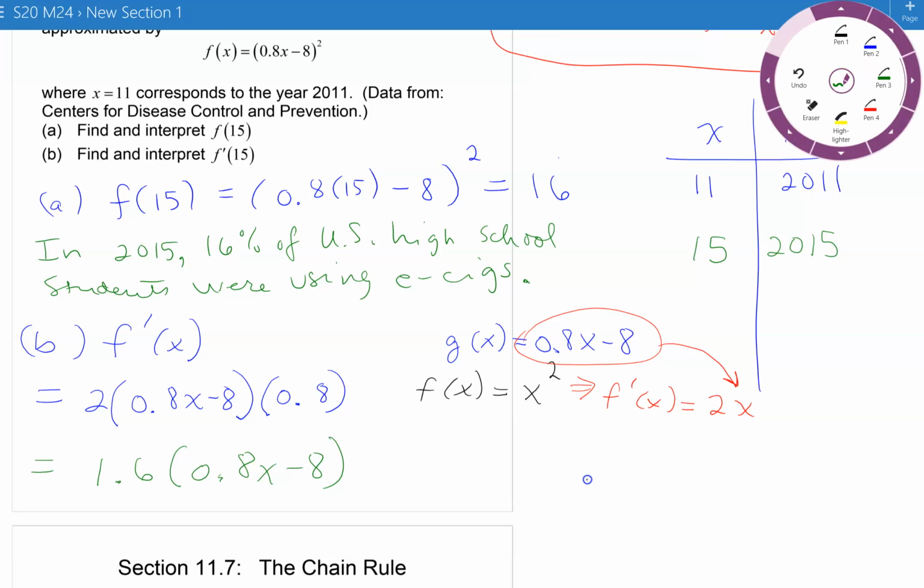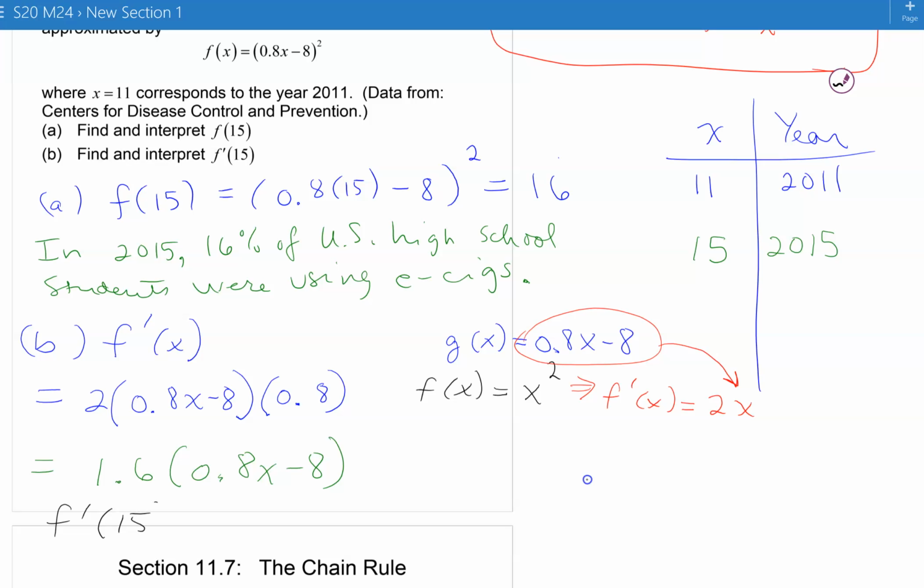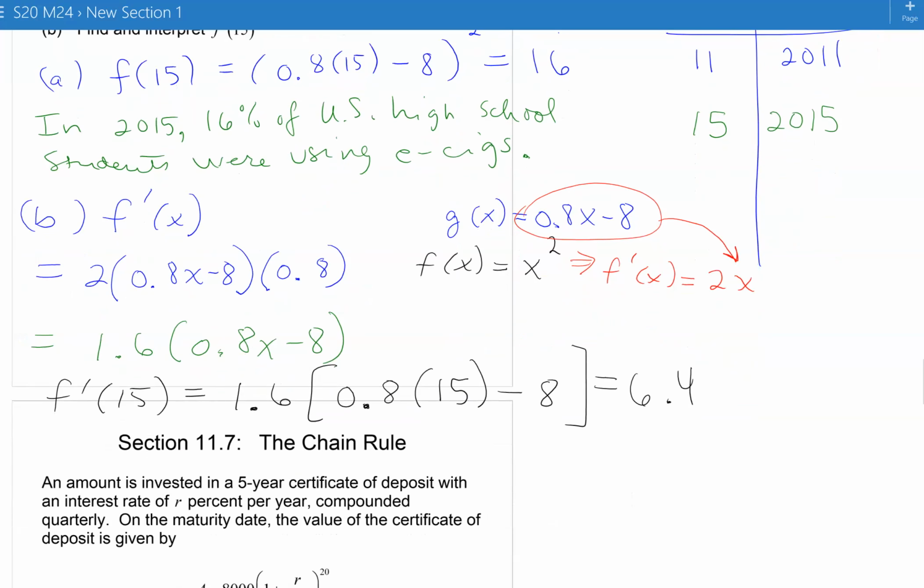So that's f prime of x, but we were asked to find f prime of 15. So use your good function notation. Say, I'm finding f prime of 15. Then plug 15 into the formula. And I'm getting 6.4. So here's the interpretation.